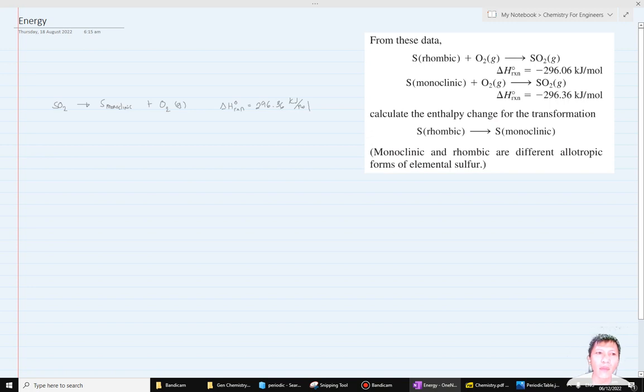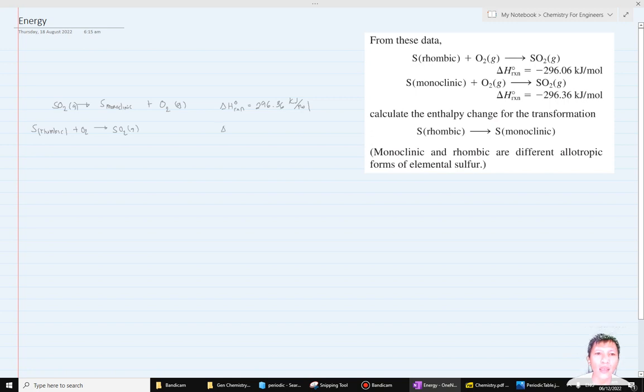And then maybe we can write the S rhombic here. S rhombic plus oxygen, and then we have a product of SO2 as a gas.